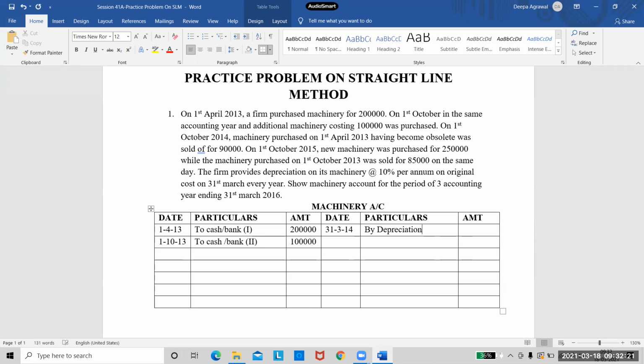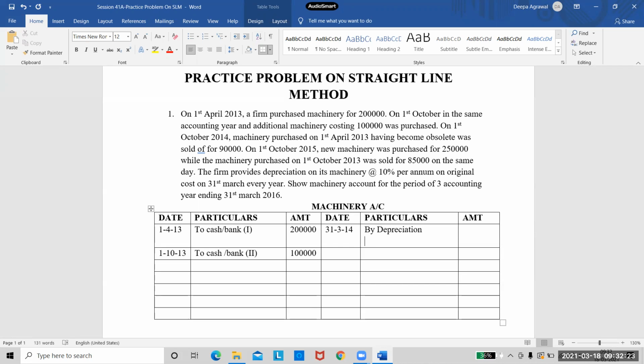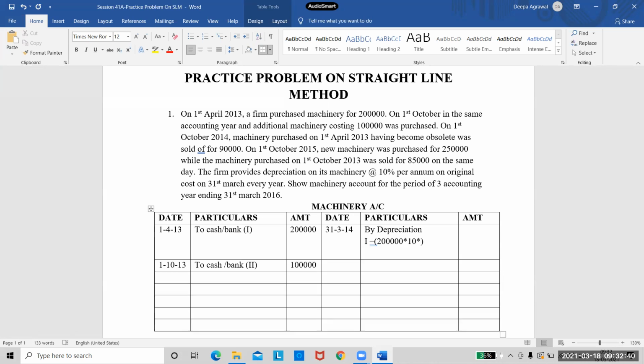And now I have depreciation for 2 machinery. So see how am I going to provide the depreciation? This is on first machinery. First machinery amount is 2 lakhs into 10%. How many months? Entire 12 months. So I need not put anything else, right? Second machinery.